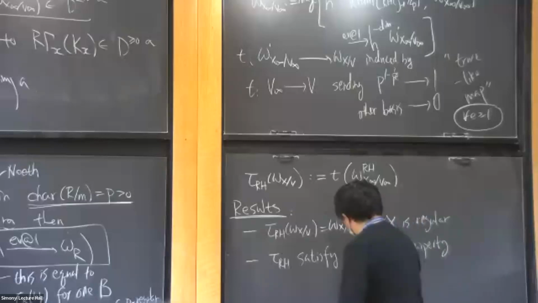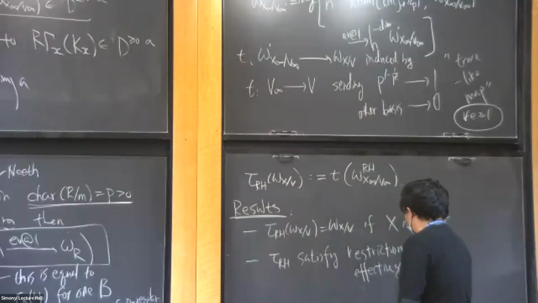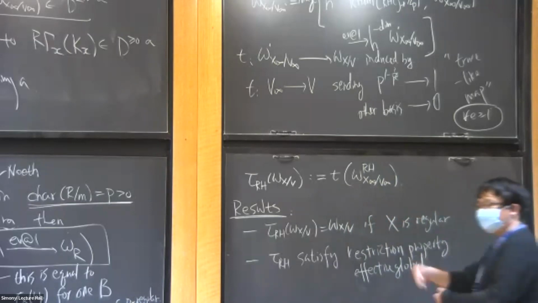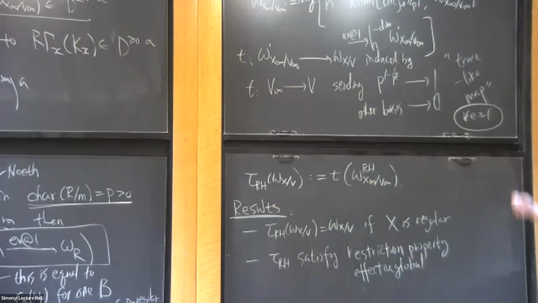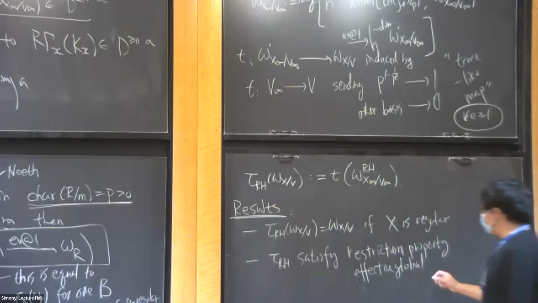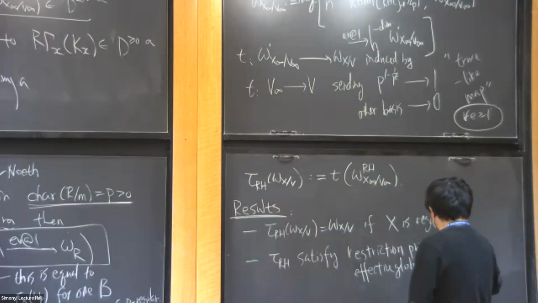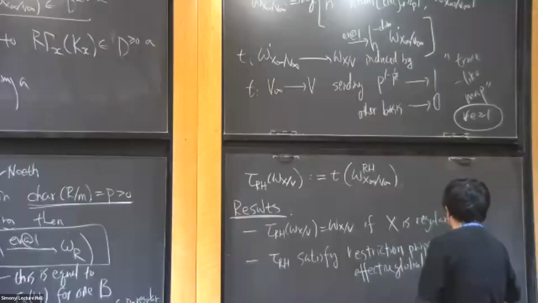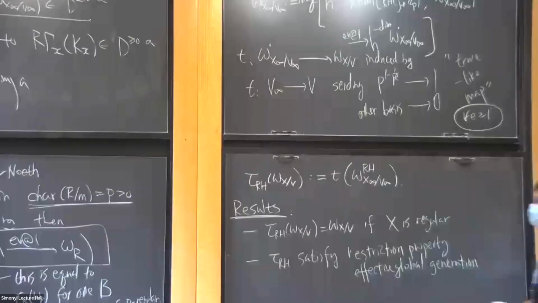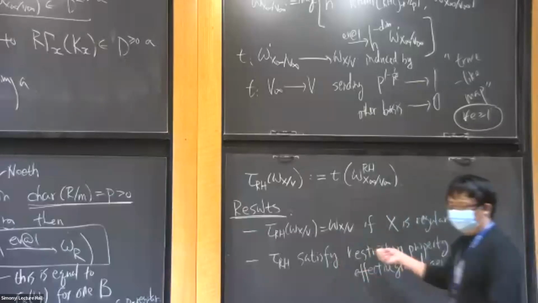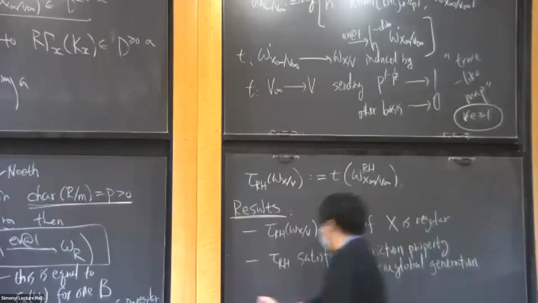And global generation, or effective global generation, twisted by this very ample line bundle to the dimension plus 1, is globally generated. It can be computed by one alteration, but there are some subtleties there, up to p perturbation.